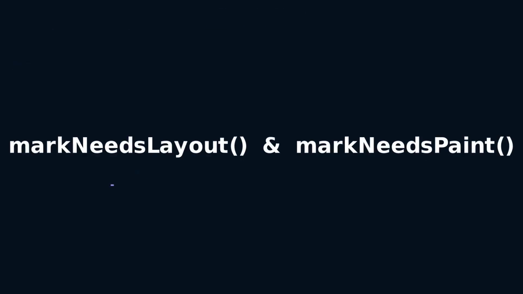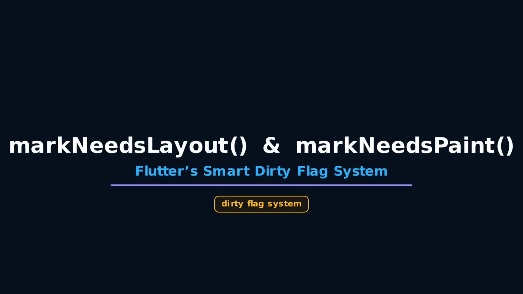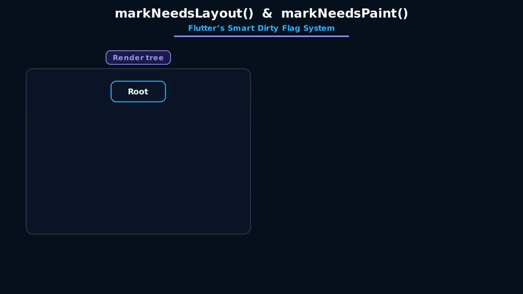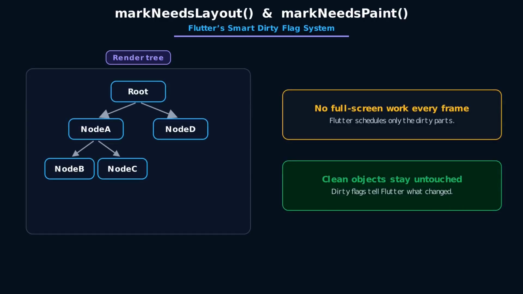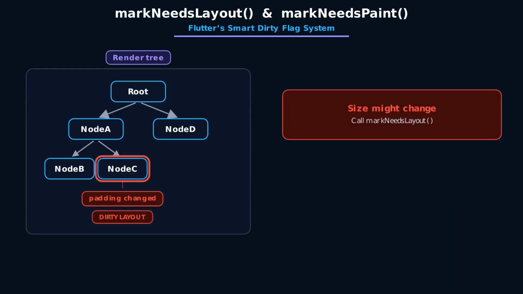Now let's talk about two incredibly important methods, markNeedsLayout and markNeedsPaint. Flutter doesn't relay out or repaint the entire screen every frame. That would be incredibly wasteful. Instead, it uses a dirty flag system. When something changes, say a widget's size might change, you call markNeedsLayout.